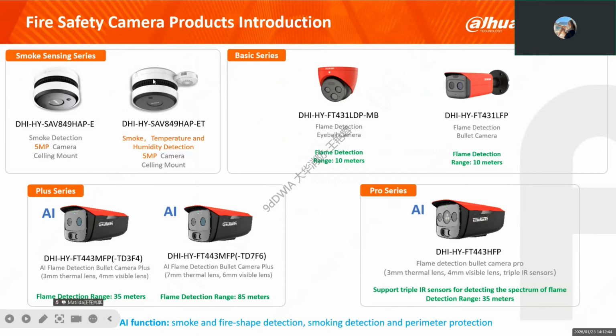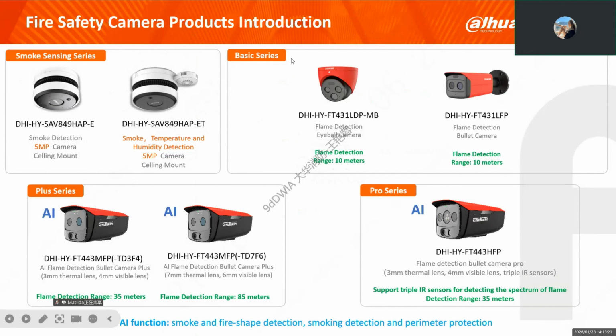These two models integrate a smoke sensor inside the camera, and both of these cameras are usually installed in smaller scenarios, like a small store or shop, and can detect smoke. This model also has an external sensor, which can detect the temperature and the humidity.